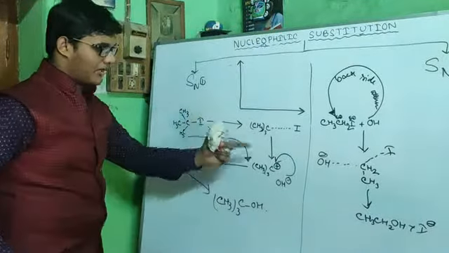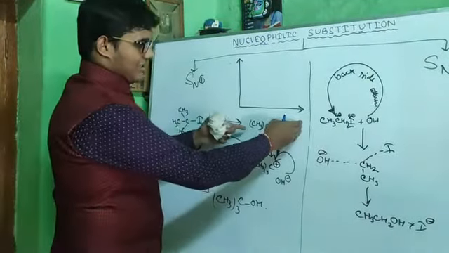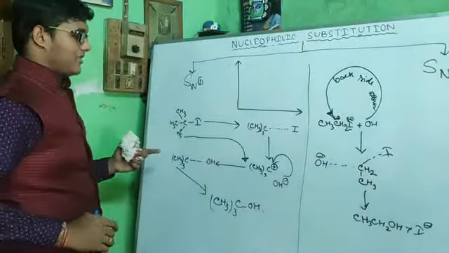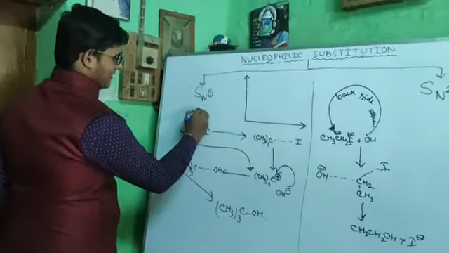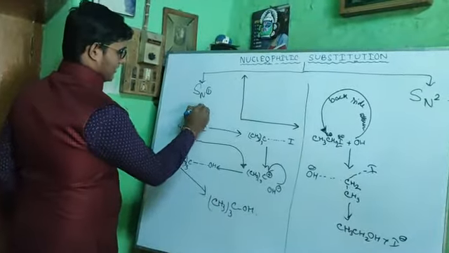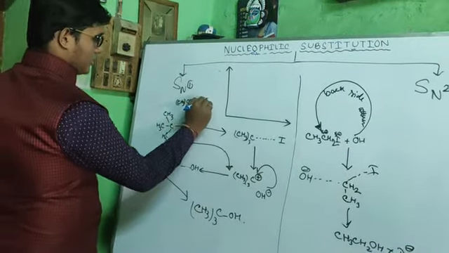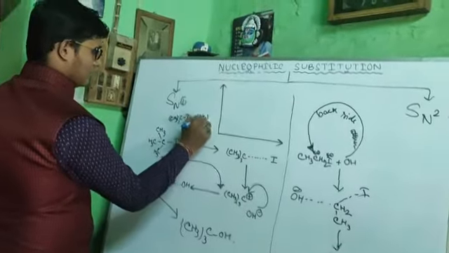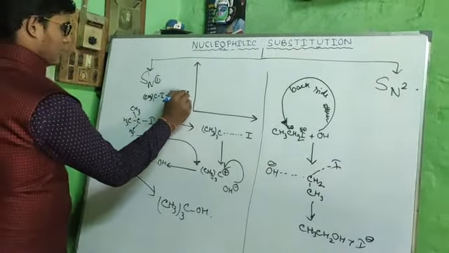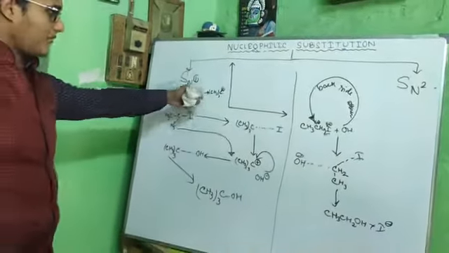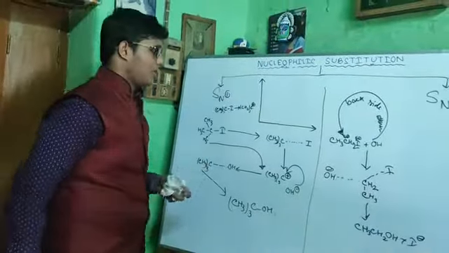It being an intermediate, we can avoid this for determining the rate determining step. The rate determining step is CH3 C I (CH3)2 going to (CH3)3 C plus. It is the rate determining step, and this is also the slowest step.